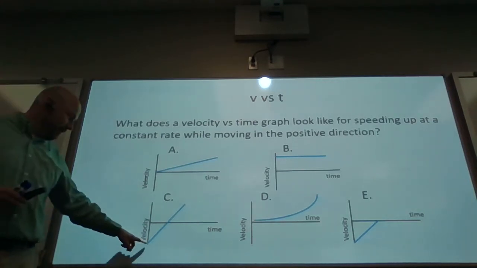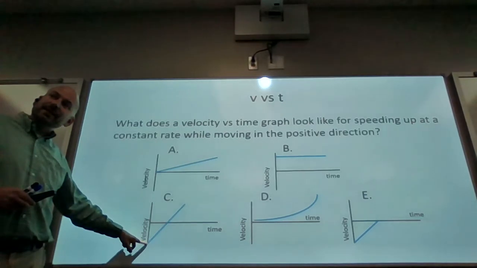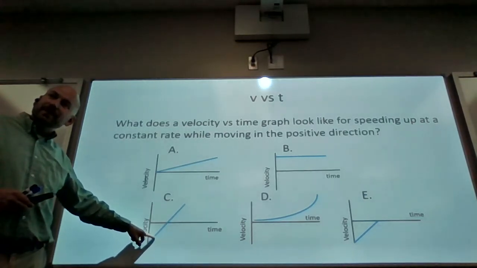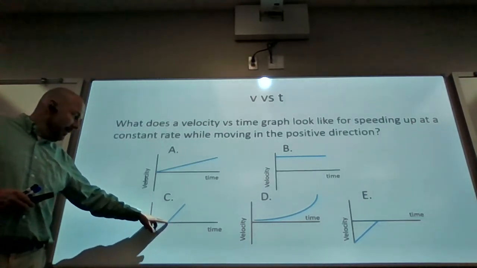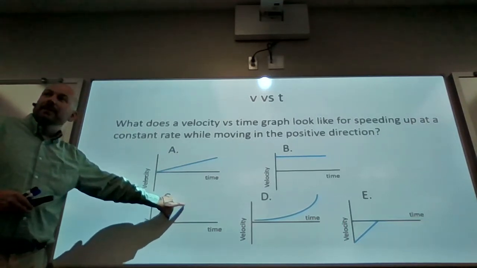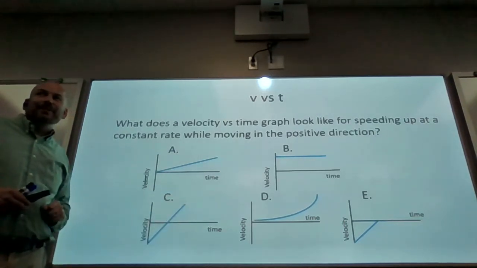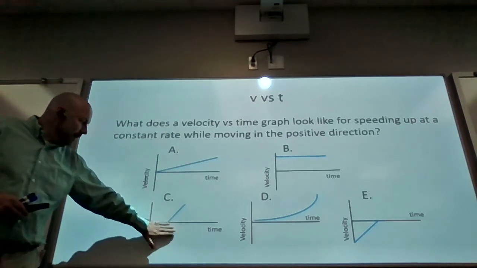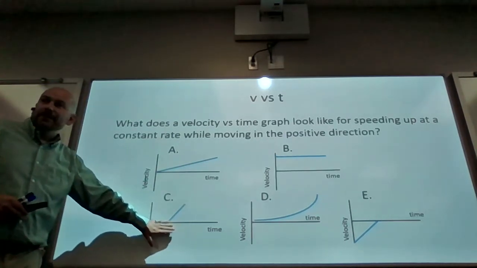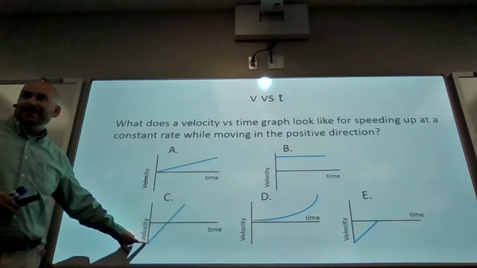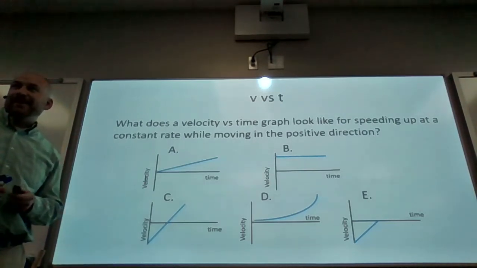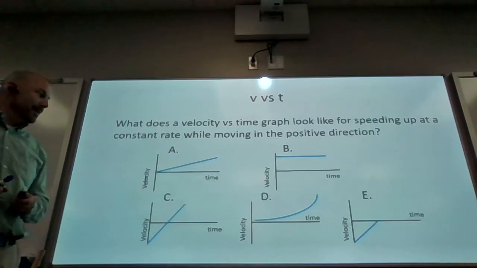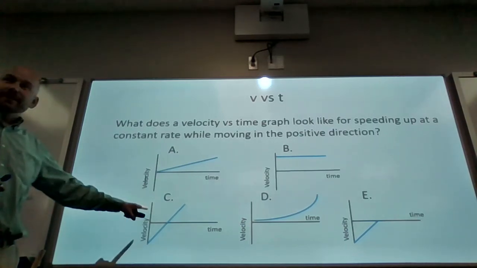So C starts fast in the negative and slows down. The second part, yes, but this first part, no. Will that ever exist? C? Yeah. Oh yeah.